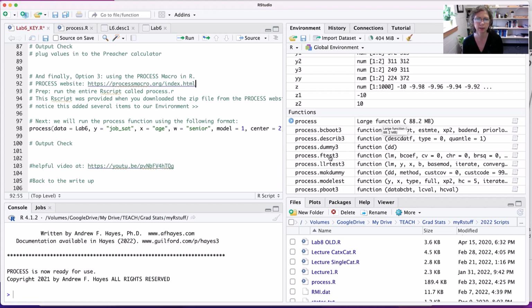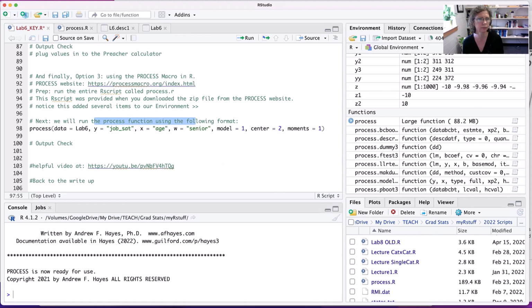And then the rest of the stuff is just, you know, when you can do different arguments to add things to a function. So this is ready to roll, and we're going to run the process function using this format here. Process function, right? Using data lab 6. Y, that's your dependent variable, and it does have to be in quotes.